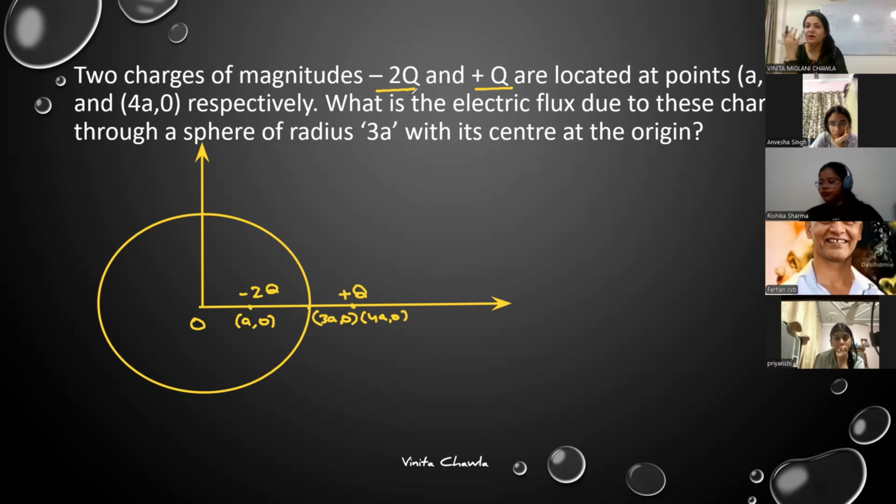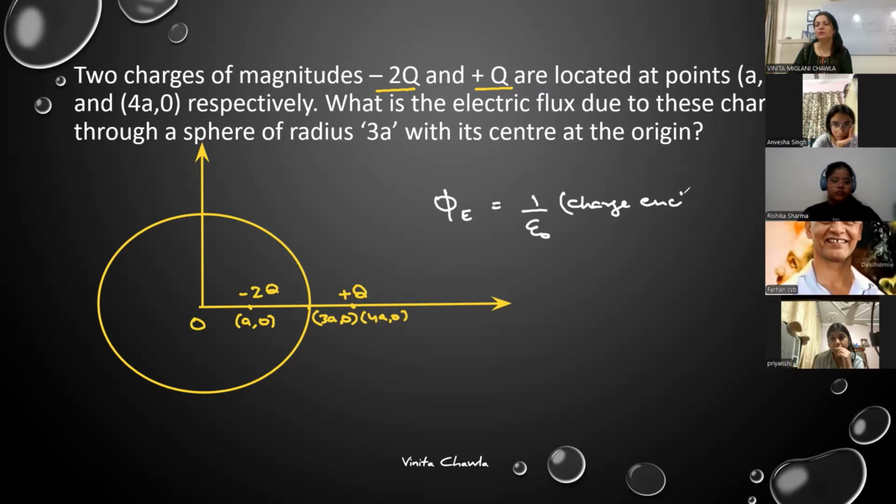Electric flux through the sphere, जो charge enclosed है, we'll consider that charge only in this case, right? तो sphere में कौन सा charge enclosed है हमारा? This charge is enclosed, -2Q. So we are going to consider this charge only. Plus Q will not be considered because it lies outside the sphere.